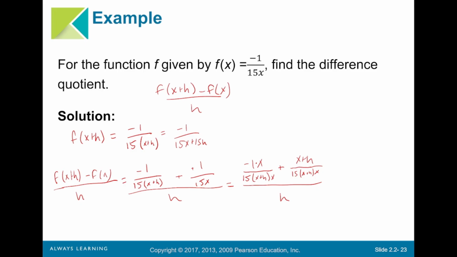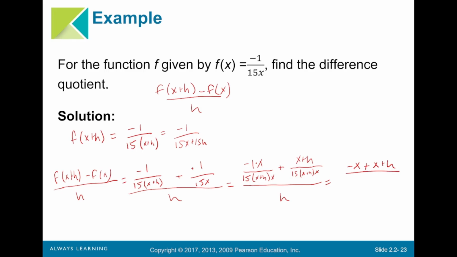So I know it's tricky, but we've just made common denominators between our two fractions. We can actually add them now. So from here, we get negative x plus x plus h, right?